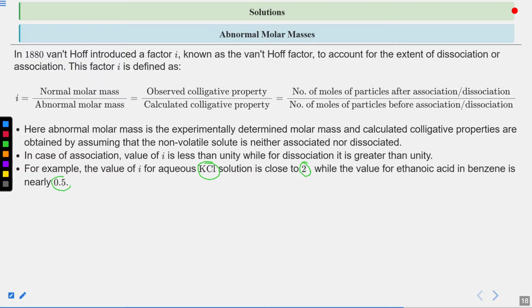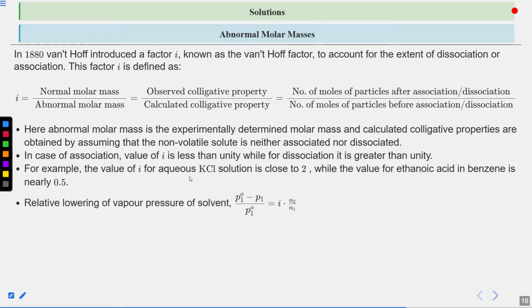Again, there will be some deviation, as dimerization occurs to a larger extent but not wholly, so it will be closely related to 0.5. We will see more examples of association in our question part.